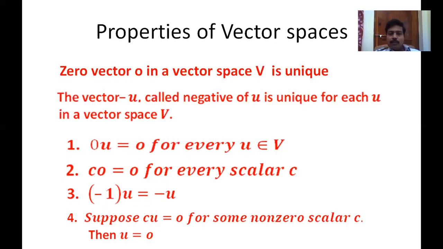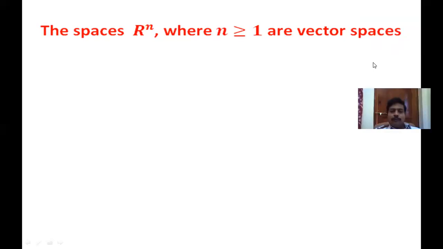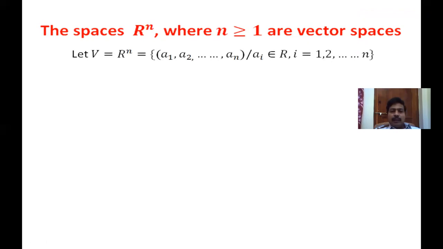Let us see how to prove that something is a vector space. Let us first take the space Rn. The spaces Rn, where n is greater than or equal to 1, are vector spaces. This is what we are going to prove now. We know what R is. R is the set of real numbers. And here we are defining Rn.